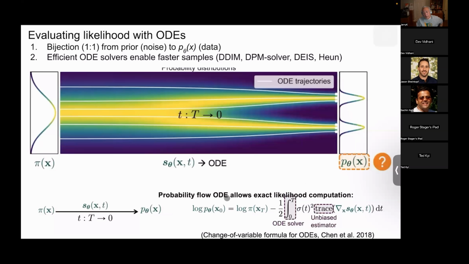The PFODE, the probability flow ODEs, their claim is an exact likelihood estimate if you can solve for this. And I know that the trace of the score model is a difficult one, so you'll do an estimate here, but still it gives you a very good estimate for the likelihood of your original data.